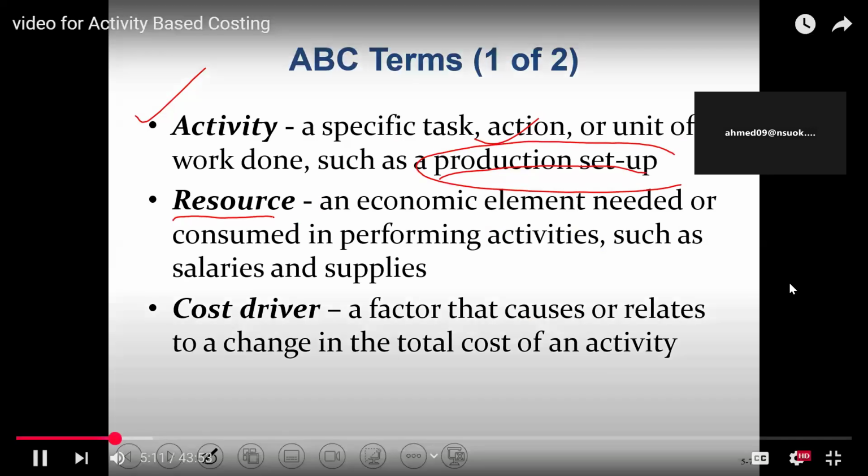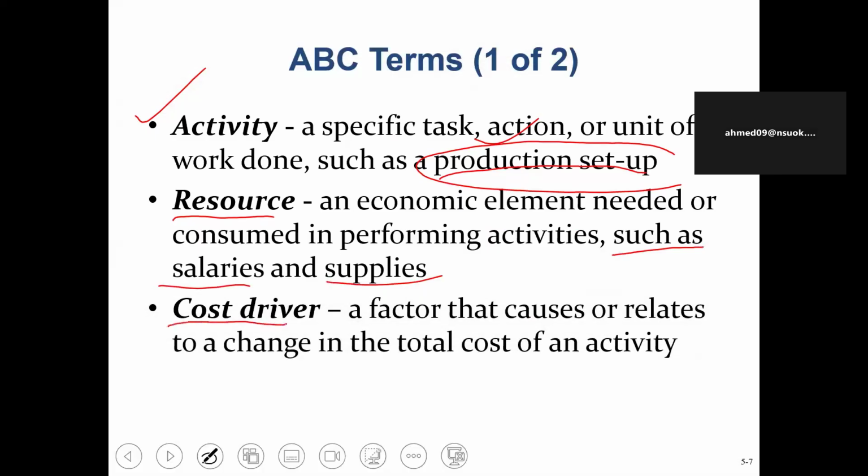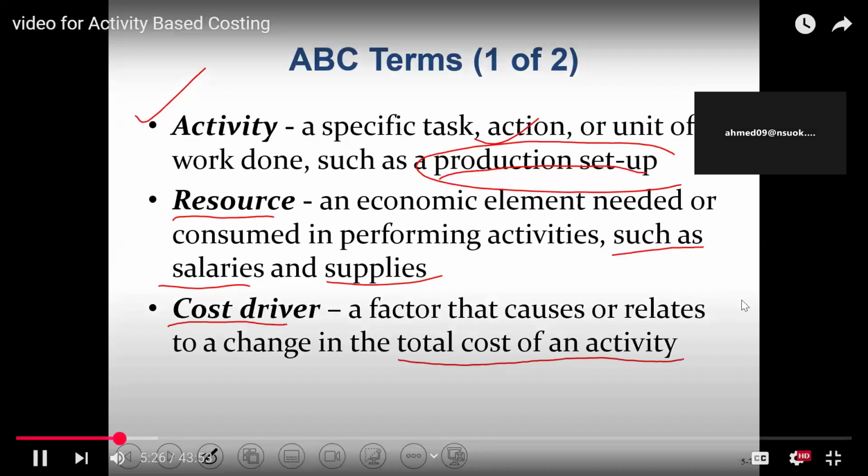What kind of resource may it be? Salary maybe, supplies, those kinds of things. And cost driver causes the total cost to change. You see, maybe number of hours, number of units produced, those kinds of things.